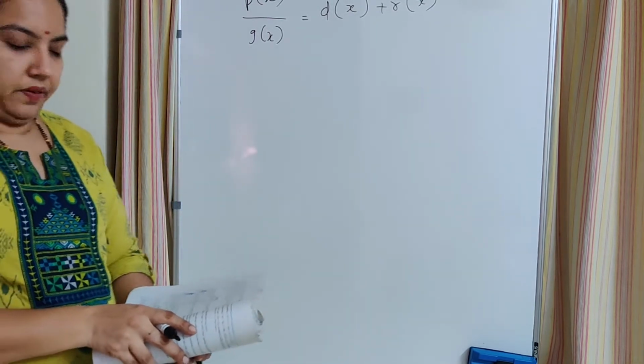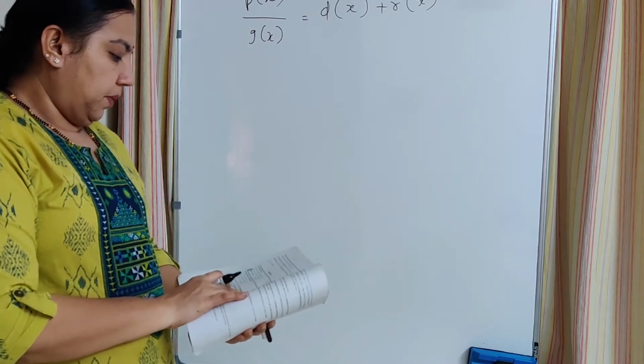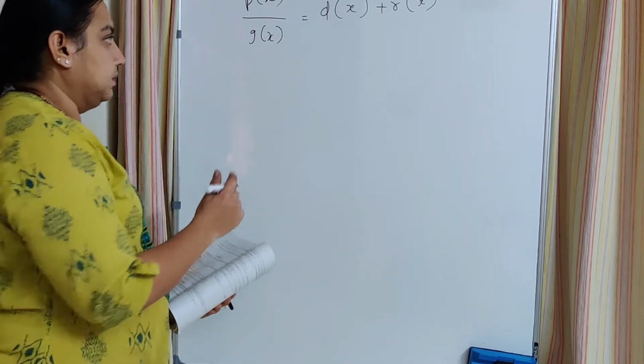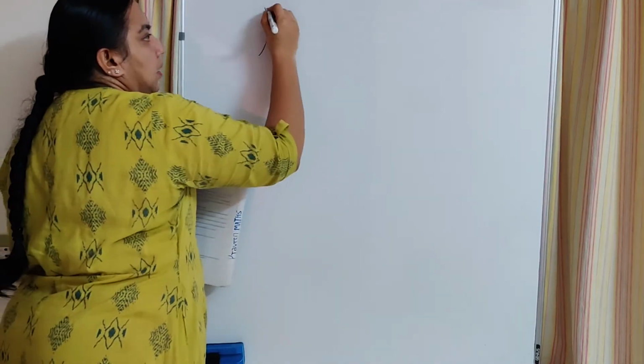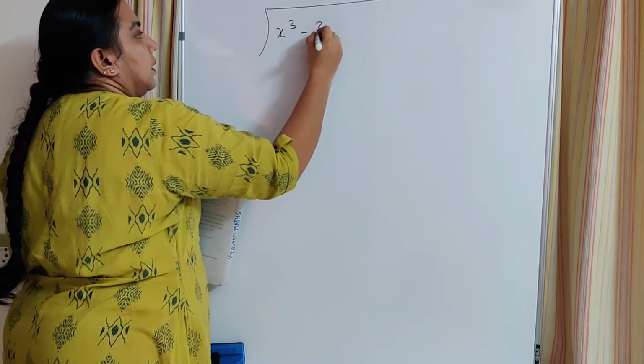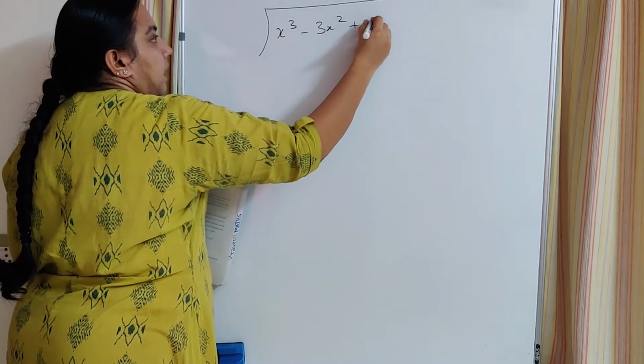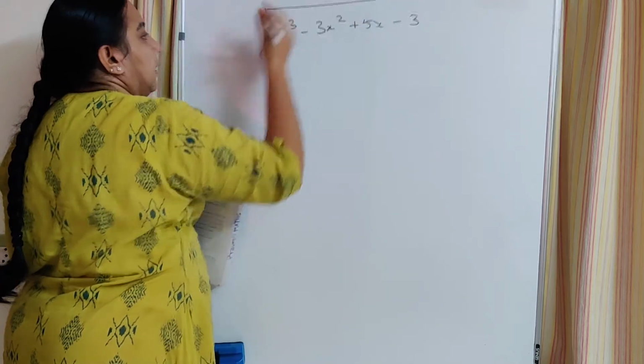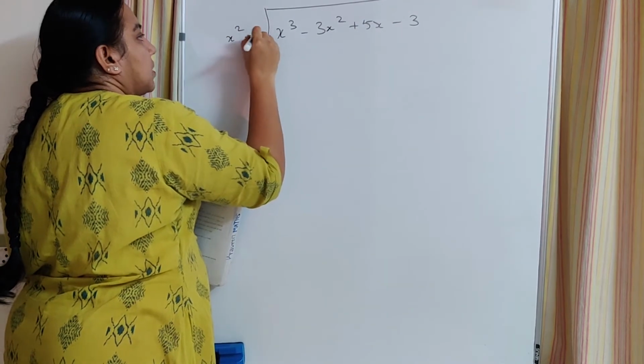And now we will go to the first sum. Divide the polynomial p of x, and I am going to do the normal polynomial division: x cube plus 5x minus 3 divided by x square minus 2.